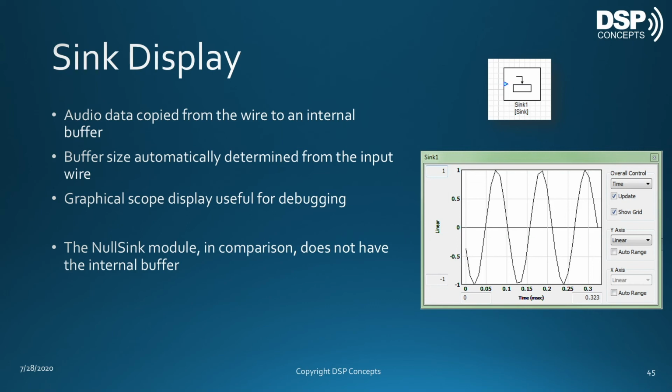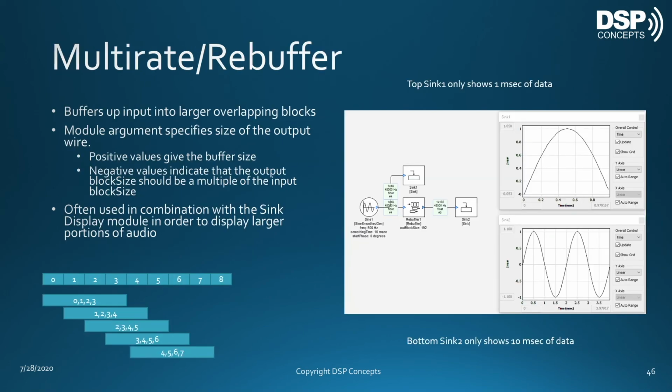Earlier we saw the null sync, and the null sync in comparison doesn't have the internal buffer and it doesn't have the display capabilities. Another module that's very useful, that's used in conjunction with the sync display, is the rebuffer module. So the rebuffer module buffers up the input into larger overlapping blocks. You can think of it as a FIFO, as shown below.